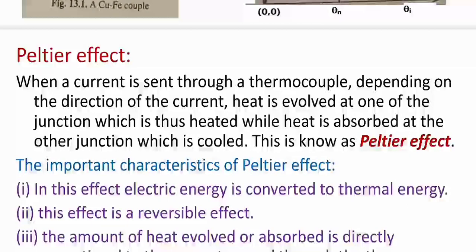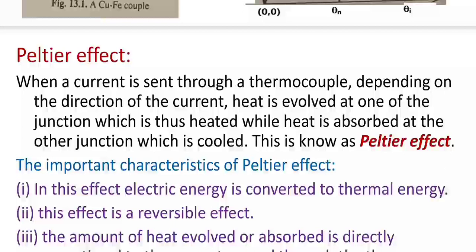Okay, you must remember that a thermocouple is required here also, but in the Seebeck effect you externally give a temperature difference to the circuit, but in the Peltier effect you give a current to the thermocouple, and then the thermocouple generates a temperature difference in the circuit by itself.